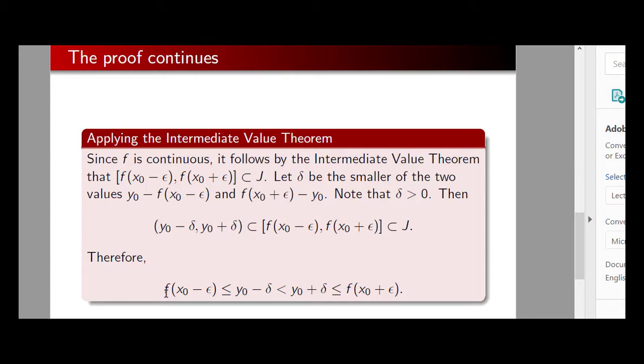Therefore, we have that f of x naught minus epsilon is less than or equal to y naught minus delta, which is less than y naught plus delta, which is less than f of x naught plus epsilon. So let's look at that picture again.